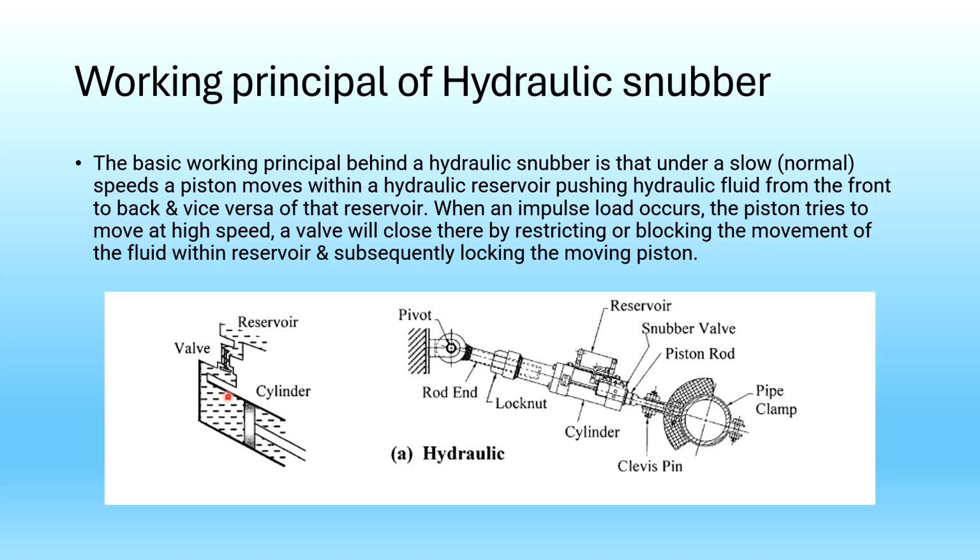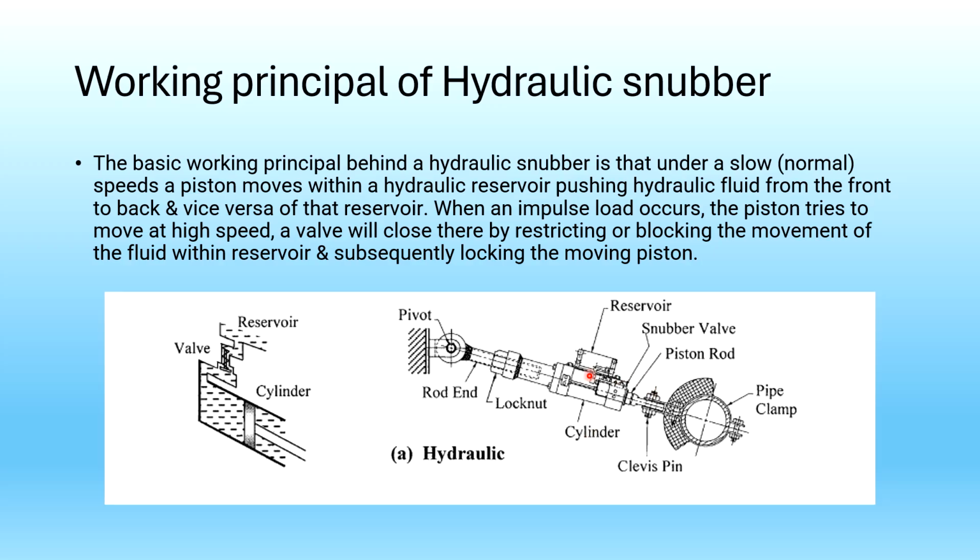And if you see, the valve has a small orifice, that is, the diameter is too small to allow the full flow of the liquid. So at that time there will be a stoppage in this valve. The valve won't allow all the liquid to flow through this small tube. So at that time the snubber will get rigid, and this will hold the movement of the pipe, and it will be considered to be active.